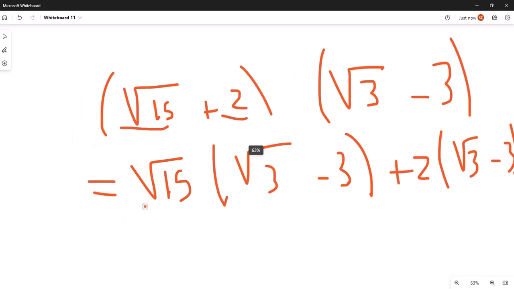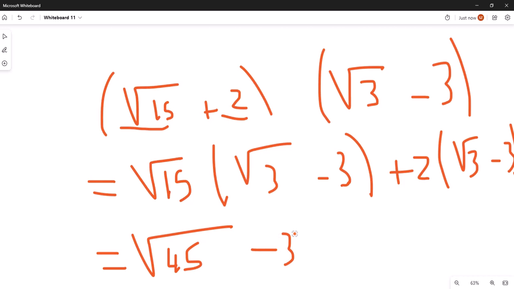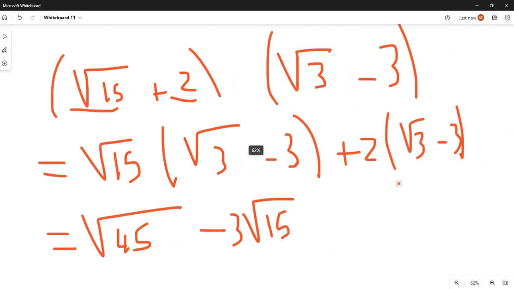Now we know that square root of 15 times square root of 3 is equal to square root of 45. Square root of 15 times minus 3 is equal to minus 3 square root of 15. Plus 2 square root of 3 minus 6.